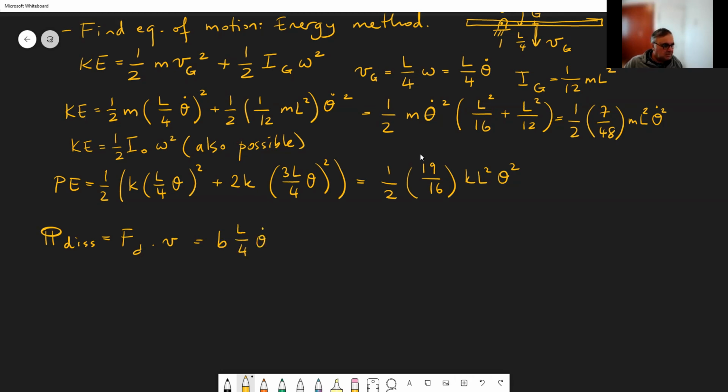This is the dissipation force times L over 4 theta dot. So this is FD, and this is V. This is B L squared over 16 theta dot.